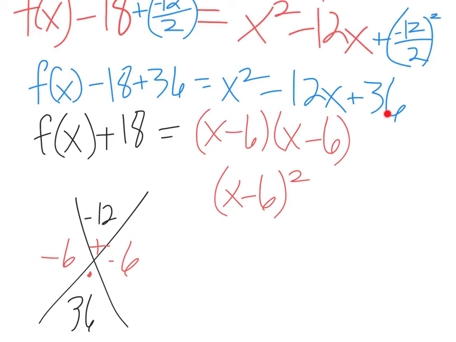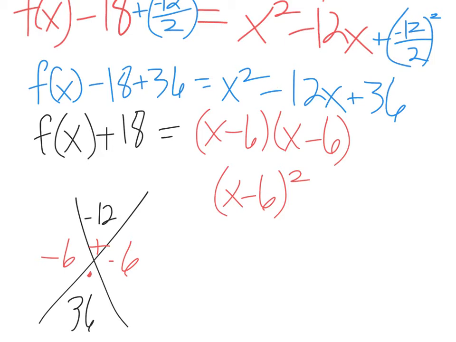What's the square root of that last number? The square root of 36 is plus or minus 6, right? In earlier videos, we went over that all square roots have a positive or negative solution. And then whether you know to use a positive 6 or a negative 6 depends on the sign in the middle right there. Okay? So that's one way of doing it.